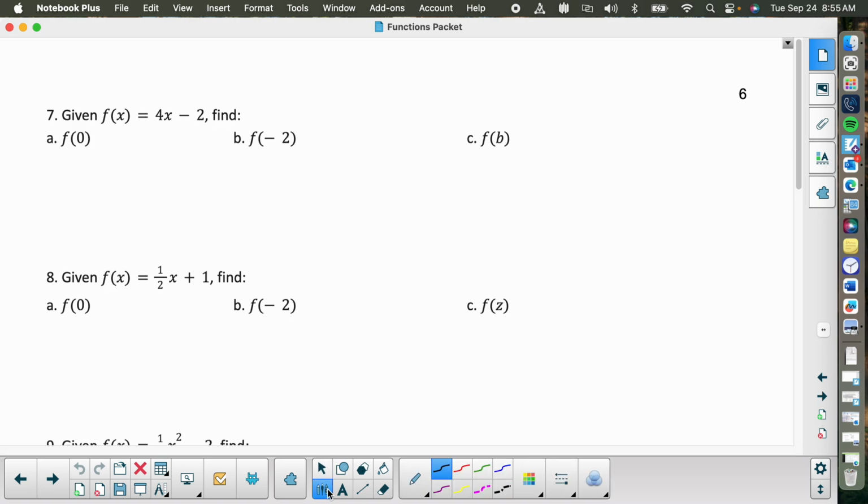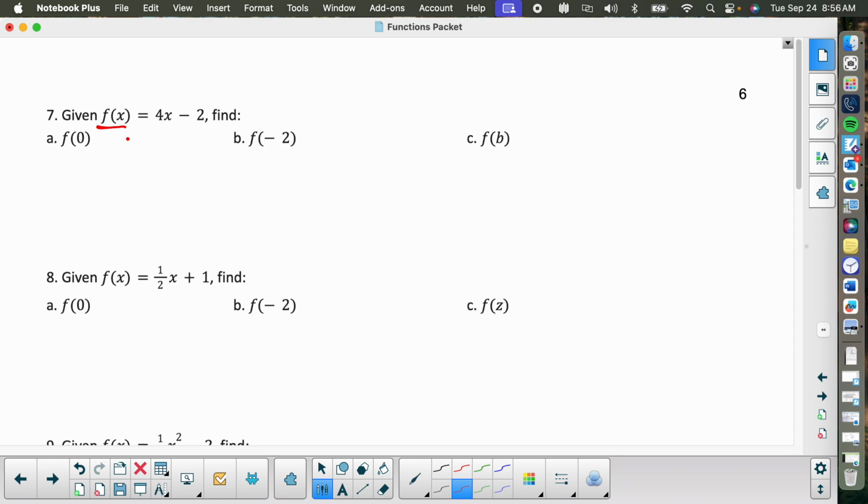So you guys are semi-familiar with functions because we started them, but not very familiar. In this one, the f of x, as soon as you see that, that's called function notation. It just means it's a certain kind of equation, where if you put a number in place of x, you'll get one answer.